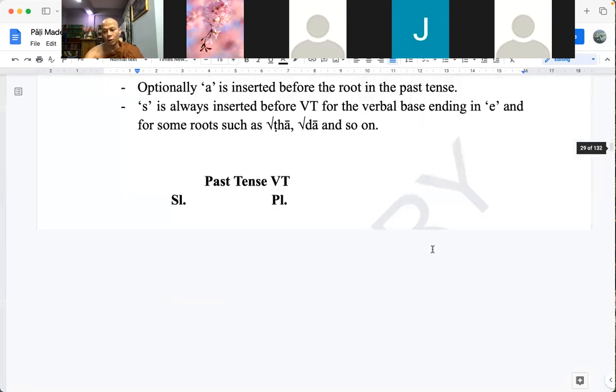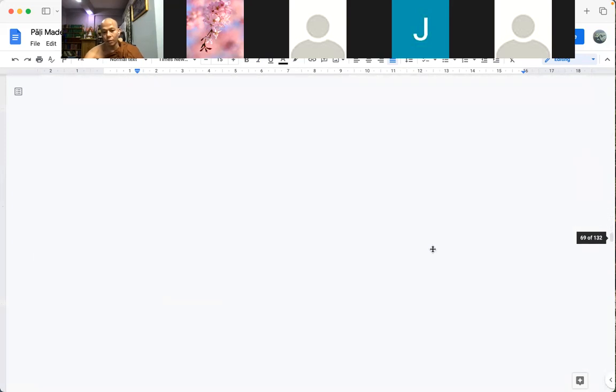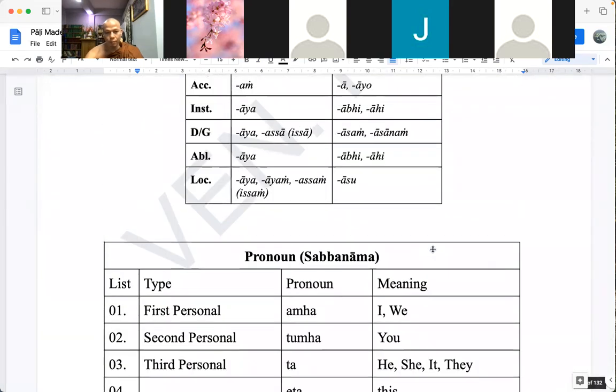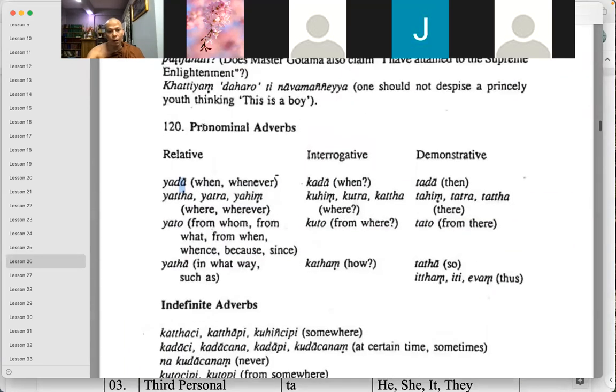Those we already learned in the previous lesson. Here the temporal adverbs: ya and da, yada; ka and da, kada; ta and da, tada. That is temporal, time. But now look at location.